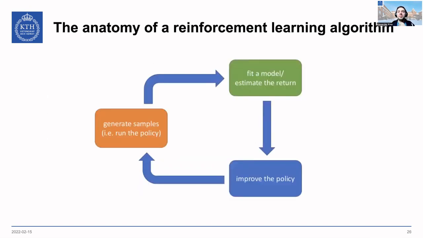After we estimate the reward, we use that information to improve the policy, according to one of the strategies that we discussed before. That would be, for example, doing the gradient, considering the actions that maximize the Q value, and so on. Then we create a new, better policy, use that new policy to generate samples, and repeat this.